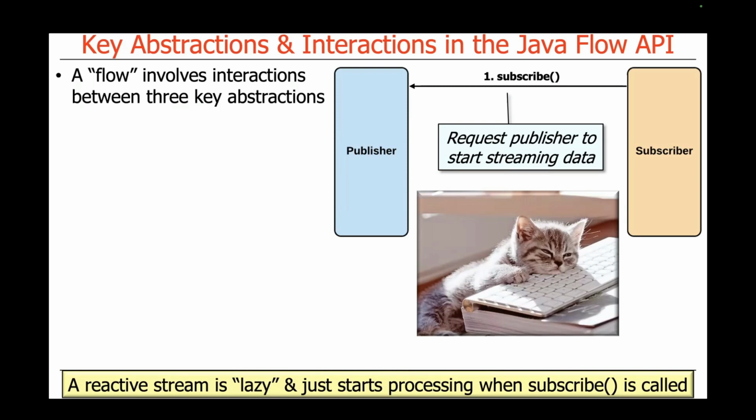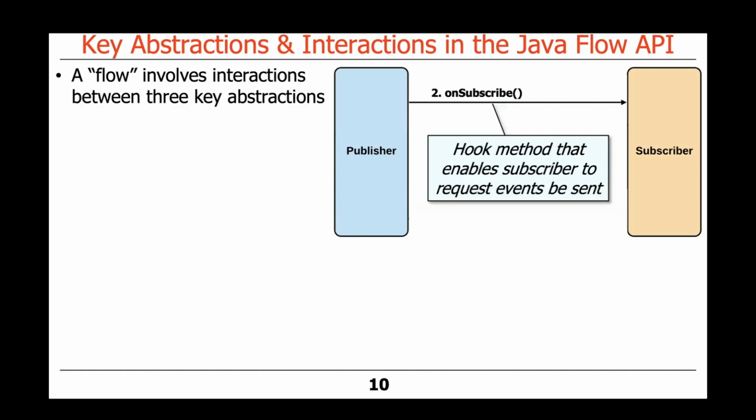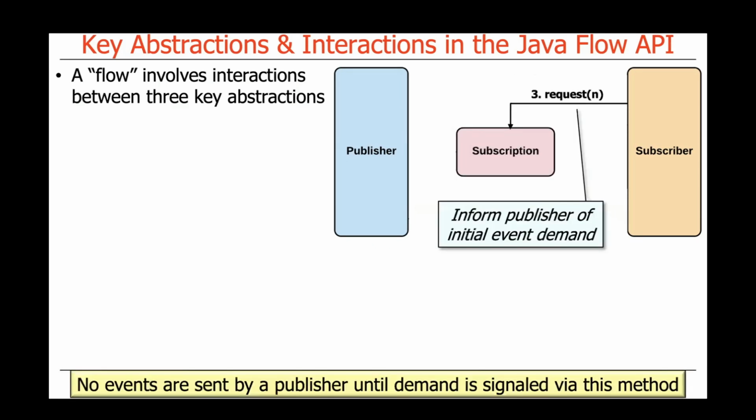It's a very common mistake to forget to call subscribe, and then nothing will happen. It's kind of like in Java streams when you forget to call a terminal operation. Nothing happens. The onSubscribe hook method is then called back, passing in the subscription, and then that can be used by the subscriber, if it wants to inform the publisher of how many events to send it.